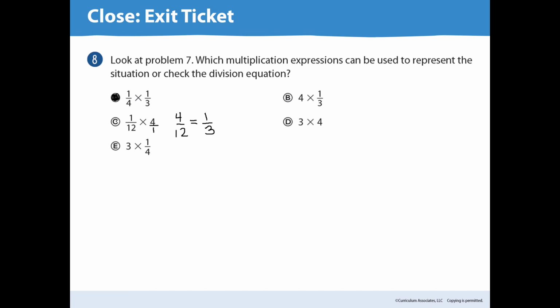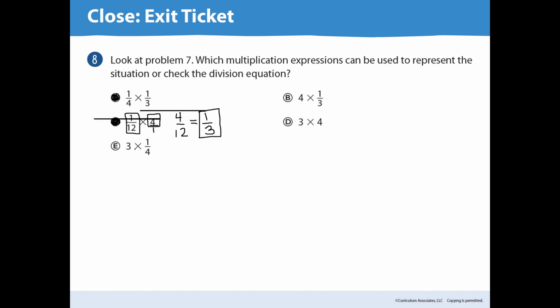All right, that one works. This one works because we still have the same number family here. There's our 1/12, which was our answer, which we multiplied by 4, which was our divisor, and we got our dividend, which was 1/3. So we still have the same numbers in an inverse operation. That's why this one works.